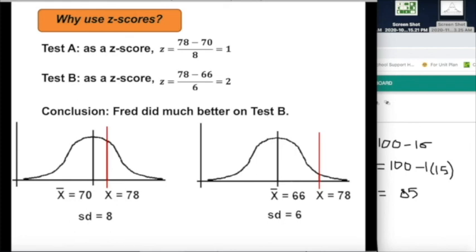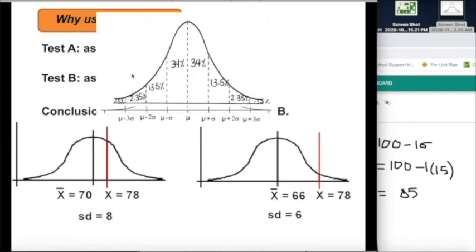If we recall the previous normal curve, this one here, on test B, Fred scored 2 standard deviations away, plus 2 standard deviations away. So we can say that he is in the top 2.5%.